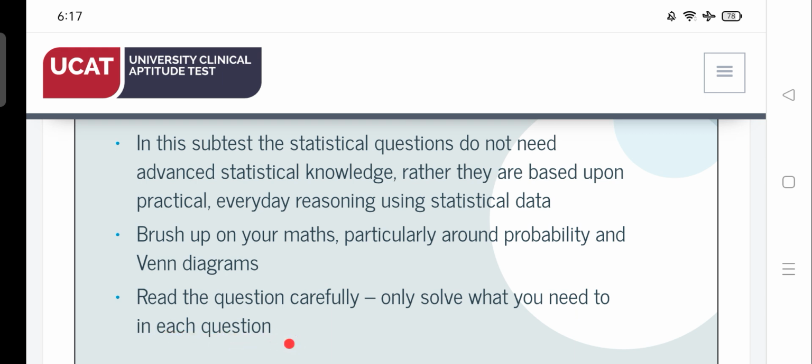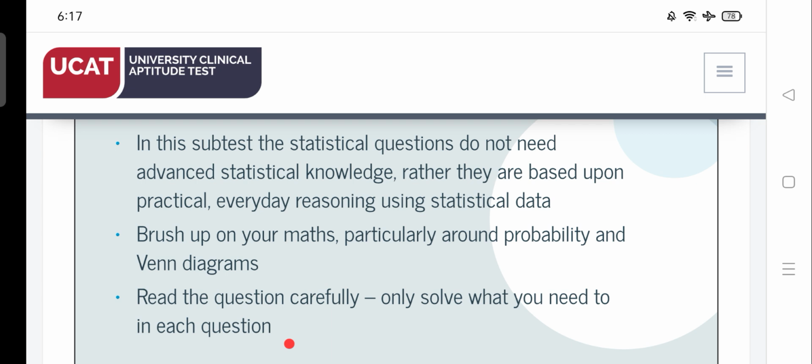Okay, so here we have the statistical questions. For these questions you don't need any advanced statistical knowledge. You just need the basic knowledge to solve them. And some portion of maths you have to brush up on, such as probability and Venn diagrams, because these portions of maths are included in the decision making questions.